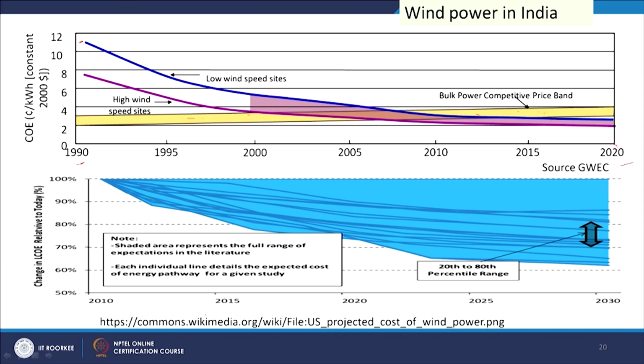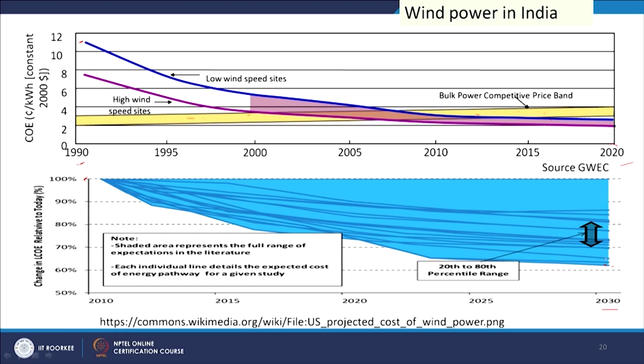And here is also the US prediction of the cost. It is expected to reduce by 2030: when the price in 2010 is 100%, it is expected to be around 60 or 65% in 2030.